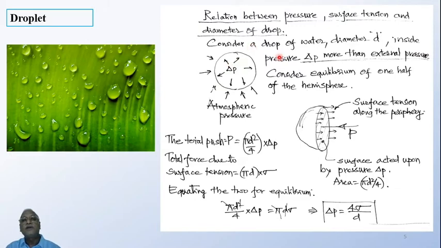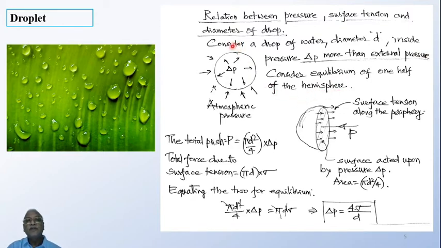Now consider a drop of water, diameter D, inside pressure delta P more than the external pressure. Consider equilibrium of one half of the hemisphere.